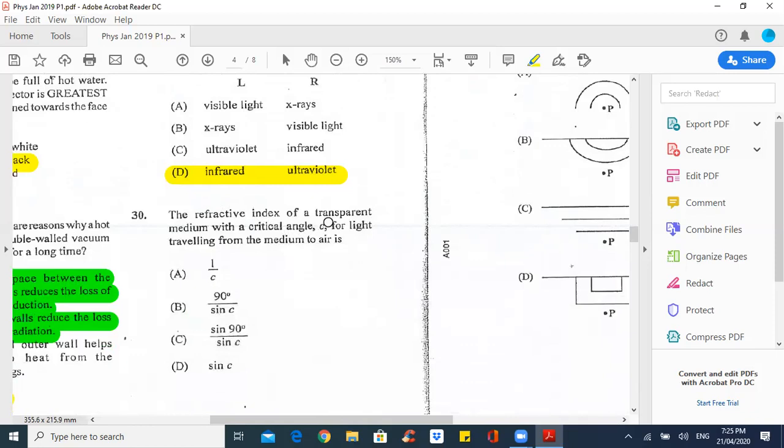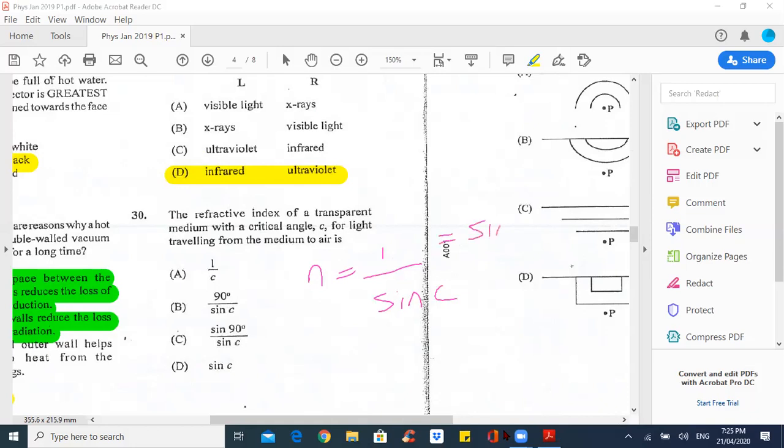The refractive index of a transparent glass medium is given with a critical angle of C. How do we calculate that? We have learned that N is equal to 1 over sine C, but we don't have 1 over sine C here. How do we get this one?